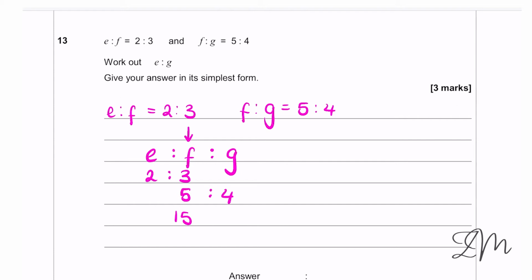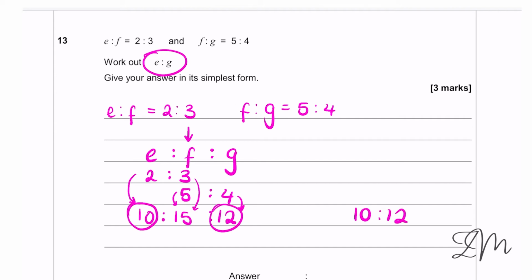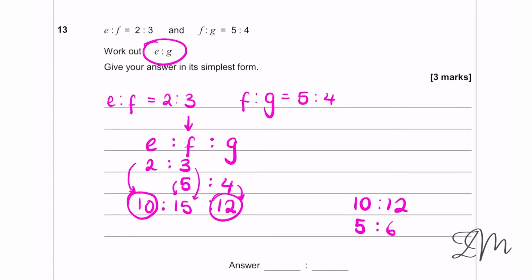And we're going to say, how did we go from 3 to 15? We multiplied by 5. So on this side, we're going to multiply by 5 and we get 10. Here from 5 to 15, we multiply by 3. So here we're going to multiply by 3 to give us 12. And now all we want is E and G. So we want that one and that one. So we've got 10 to 12, which can cancel down further to 5 to 6.